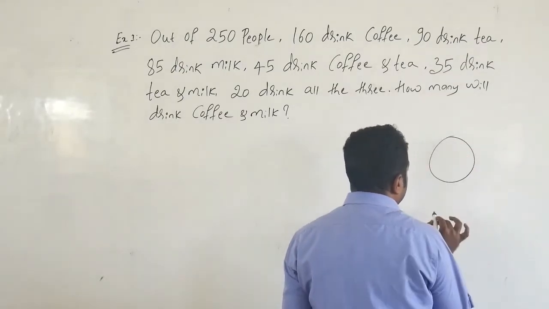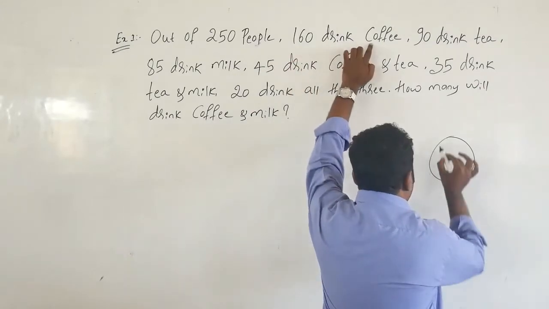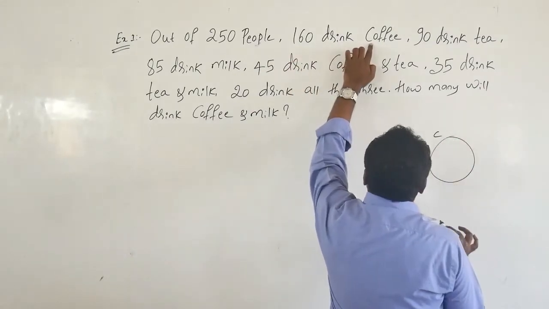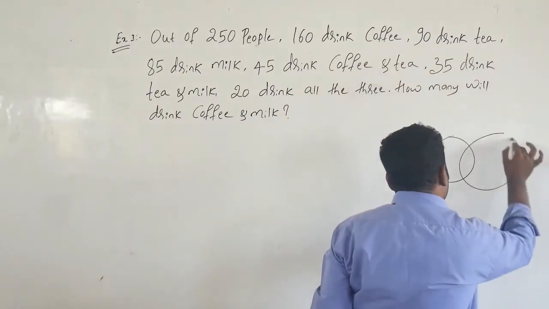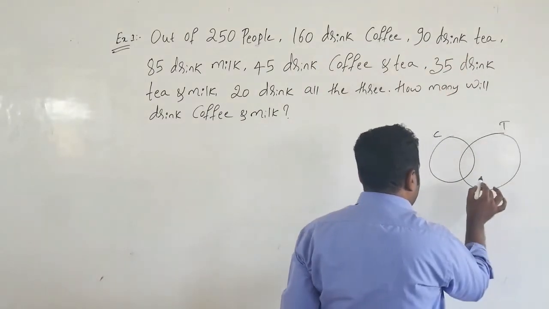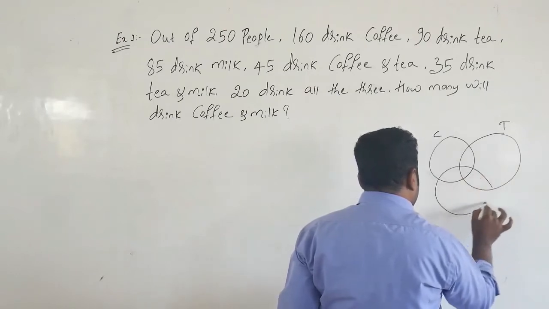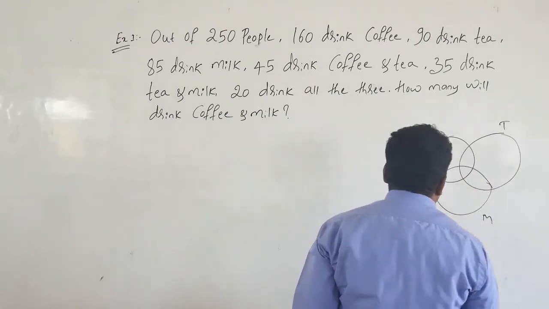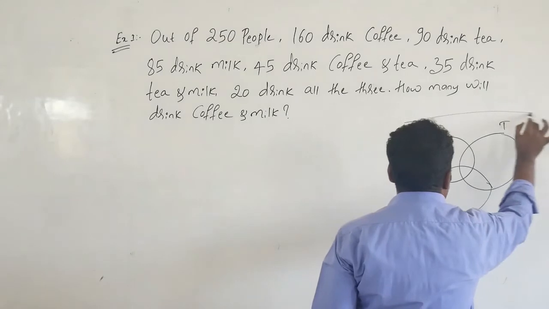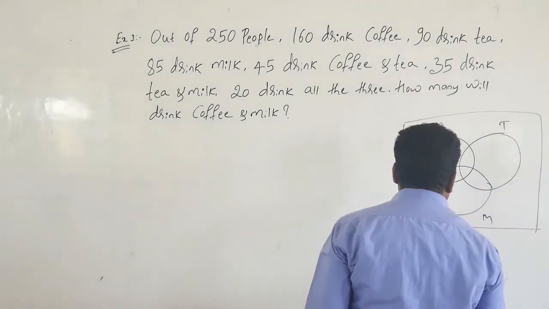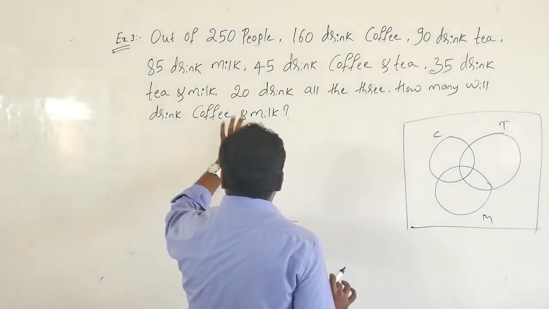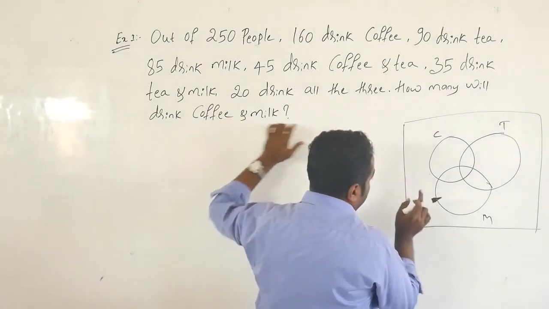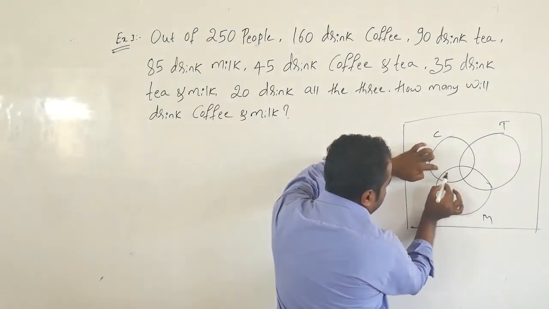The first set indicates coffee, the next set indicates tea, the third set indicates milk. Coffee and milk is the intersection of this space.